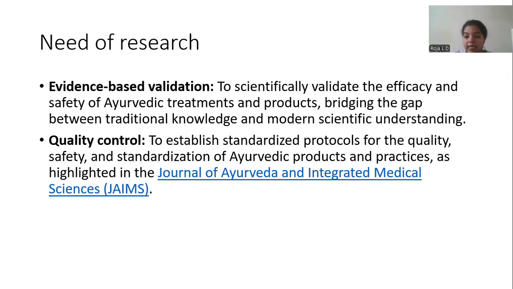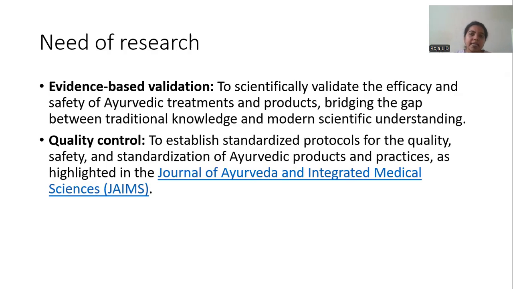I told you last time, many people, even healthcare professionals themselves, are telling that Ayurveda is a pseudoscience. Which can't be accepted by the Ministry of Ayush, NCISM, or any of us, right?